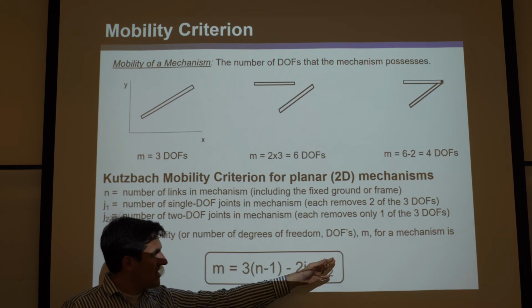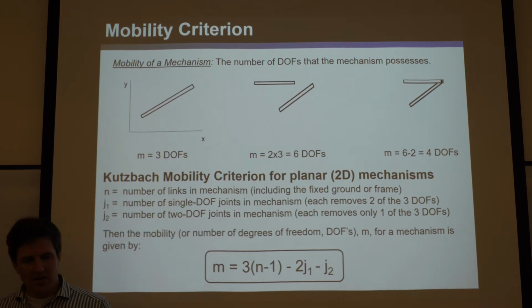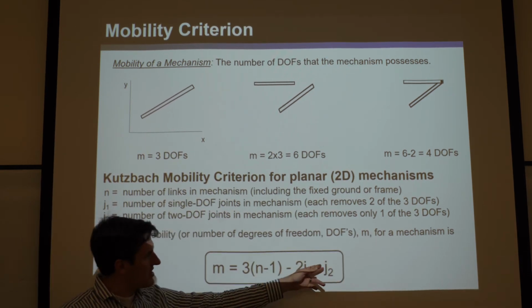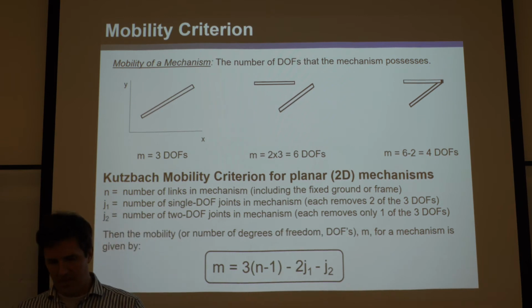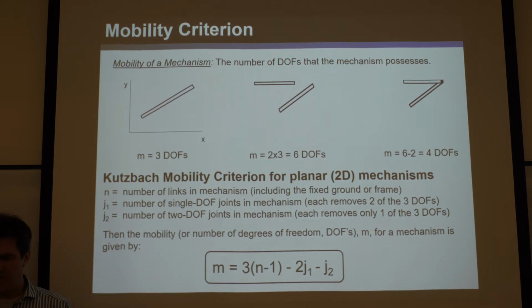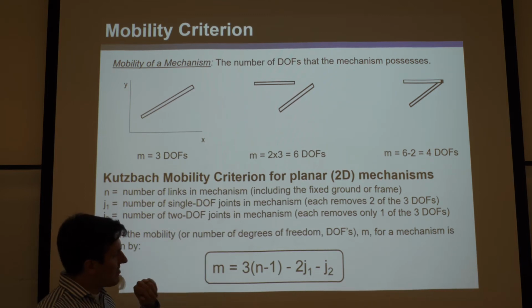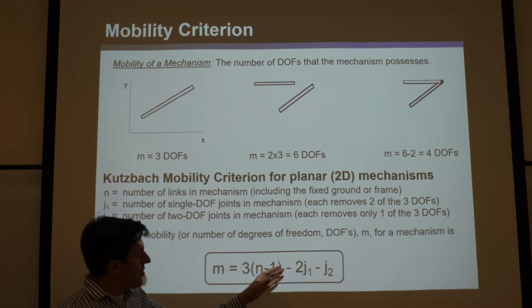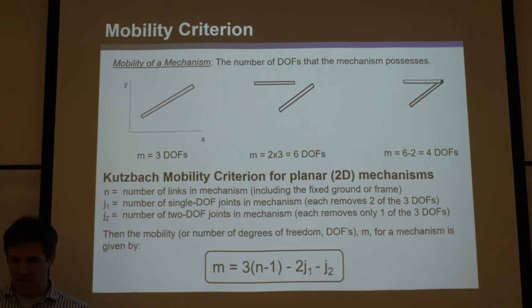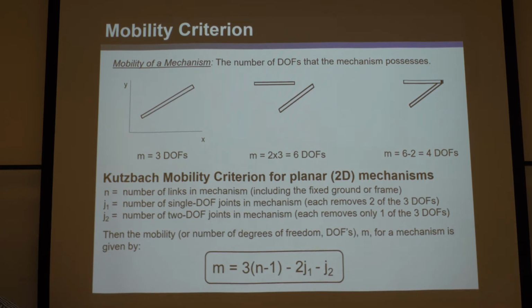And of course, if it's a 3 degree of freedom joint, it would be 0 because it's not killing anything, and that would be silly. So it's not even included in the equation here. So you can see for 2-dimensional planar mechanisms, this will tell you the mobility M. And you can deduce the derivation of that from this line of thought.